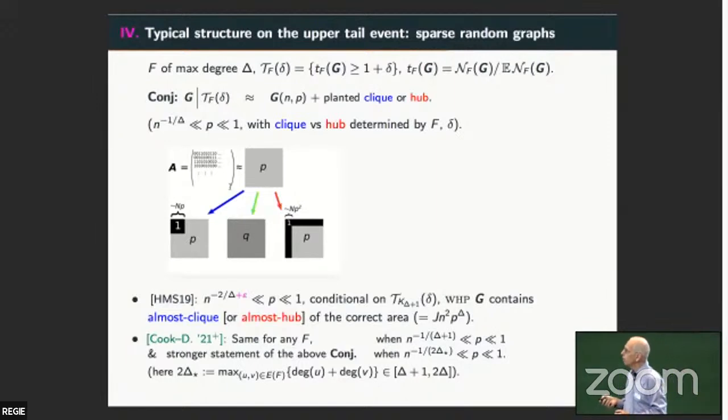And we get a stronger statement of the above conjecture if we take a different domain, like the domain that we had in our first paper. And what is the difference between this and that? In the conjecture, we verify not only that we have the black, but also that the part with the p remains unchanged, approximately. So most of the graph is unchanged, and you planted something small. So this is what we can prove.